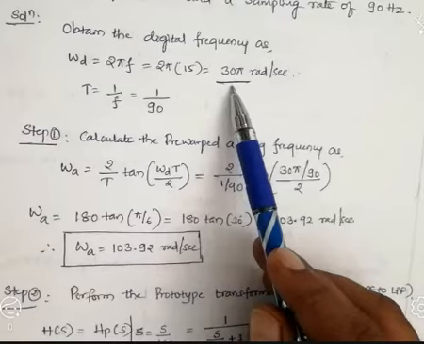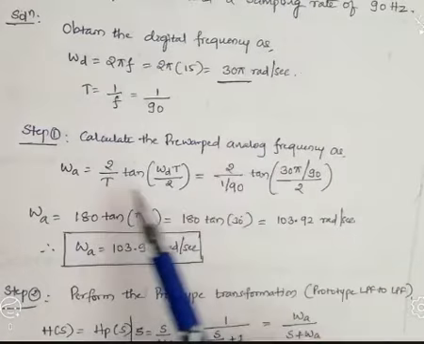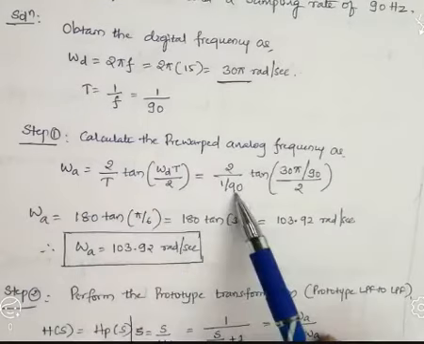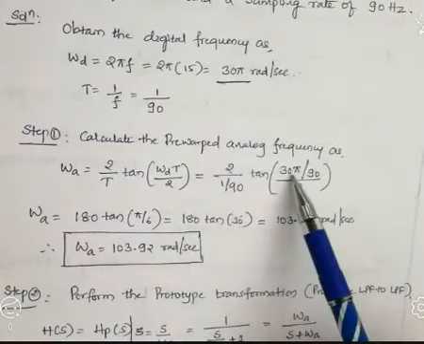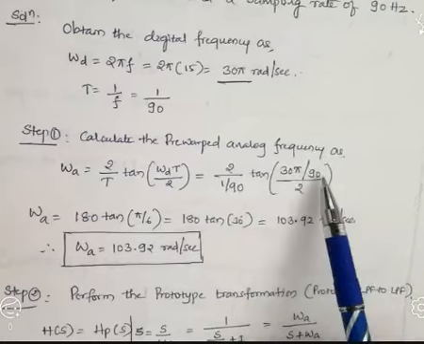All the values we have to substitute here. Hence omega A equal to 2 divided by T, that is 1 by 90, tan of omega D, that is 30 pi, multiplied by T, that is 1 by 90, divided by 2. Through the simplification, it becomes 180 tan of 30 by 90, that is 1 by 3, 1 by 3 into 2, 6.